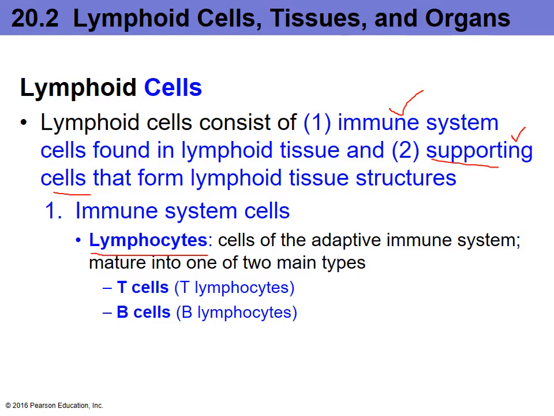And within the lymphocytes, we see that the two most important ones are going to be your T cells and your B cells. Now, both of them are lymphocytes. What we will see happening is that they're going to be part of what we call our adaptive immune system, meaning that as we live our lives and we become exposed to different pathogens, you will develop specific T cells and specific B cells for each pathogen that you become exposed to.